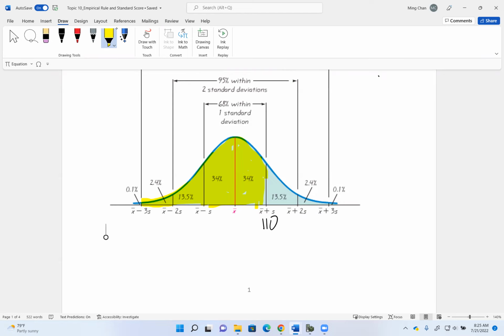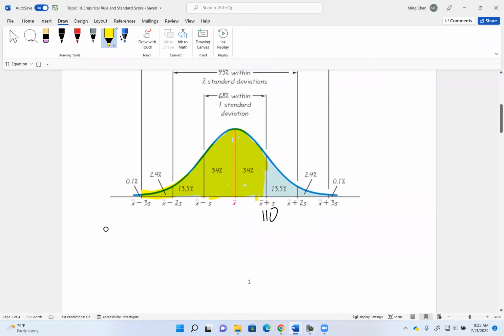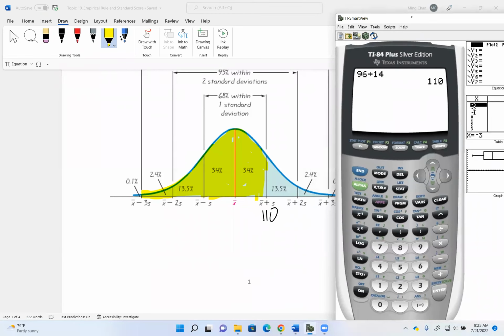That will give me what I want, which is all this percentage to the left. If I add up what I do not want, 13.5, 2.4 plus 0.1, is 2.5 plus 13.5, the percentage I do not want is 16%.